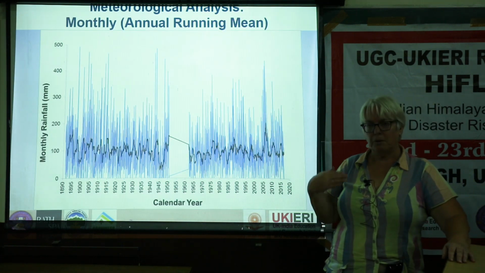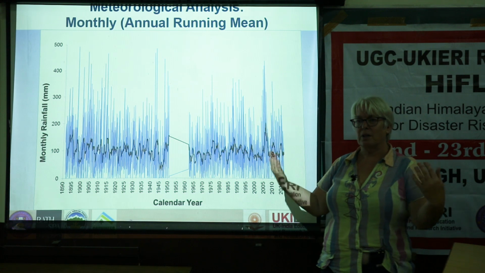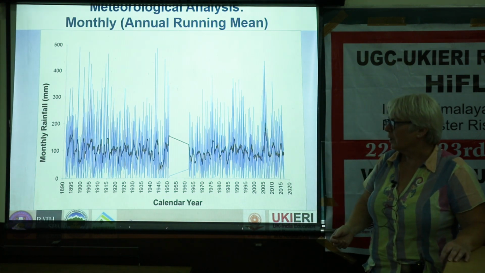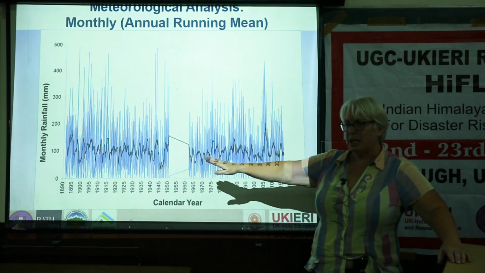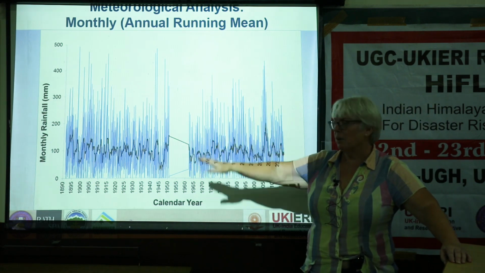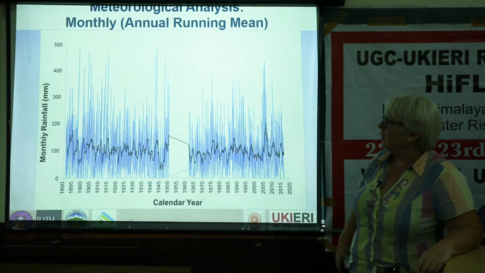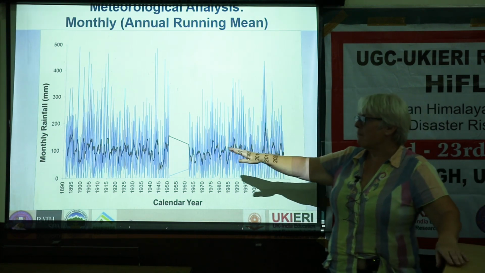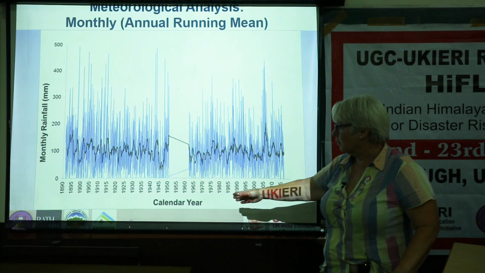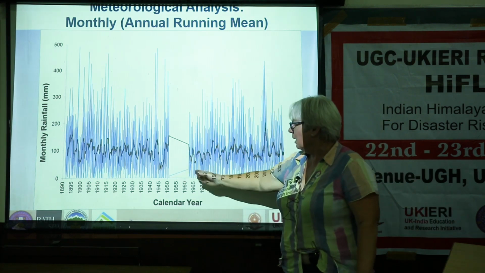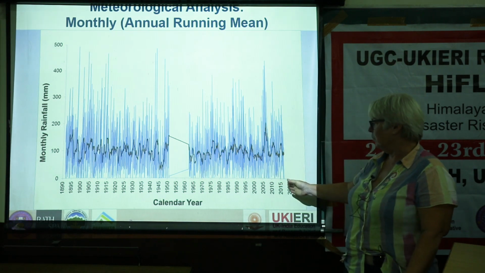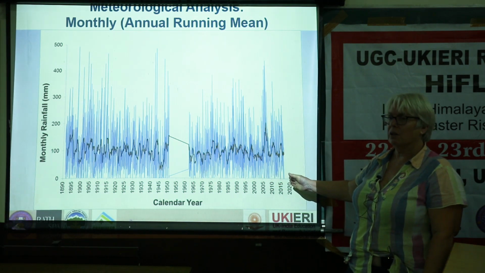So the meteorological analysis then is to see if we can correlate this with flooding events. Here, from the daily rainfall data, we've got monthly and annual running means. This is up to 1950, and this is from the 1960s on to just about last year.